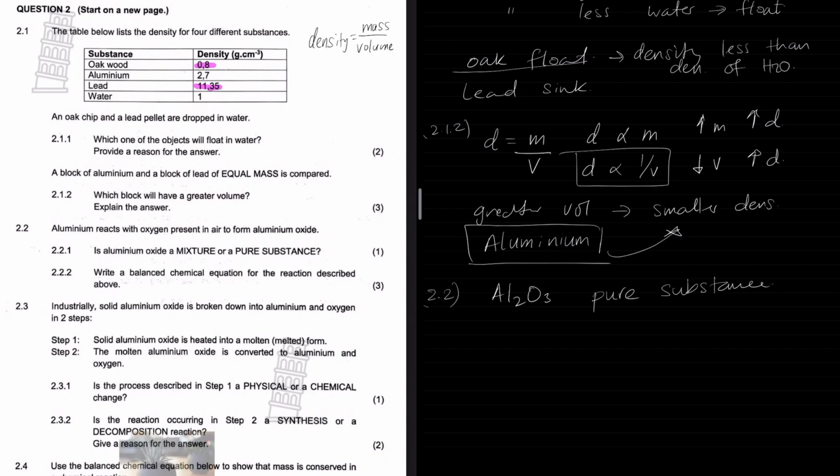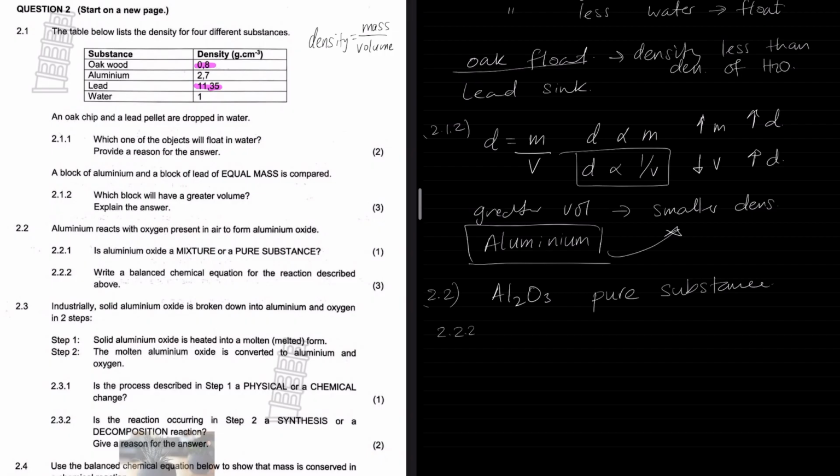Remember, a mixture is something that consists of different compounds. Here we only have aluminium oxide, so it's a pure substance. Mixtures will have aluminium oxide, maybe some other stuff with it, but it's not bonded to it. So because it's just aluminium oxide on its own, it's a pure substance.